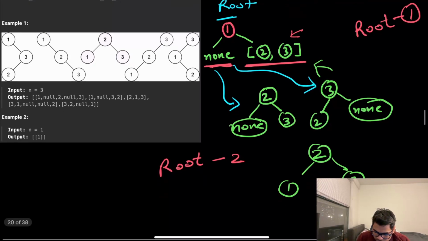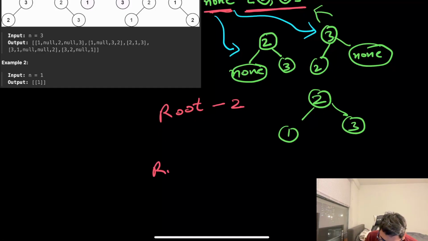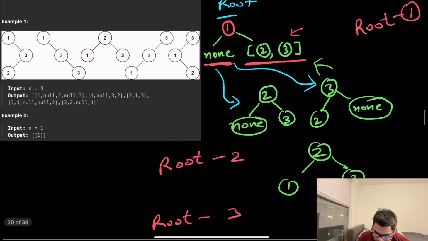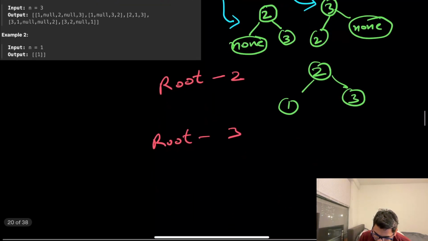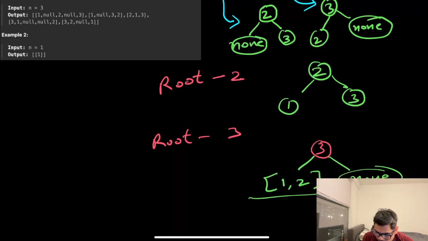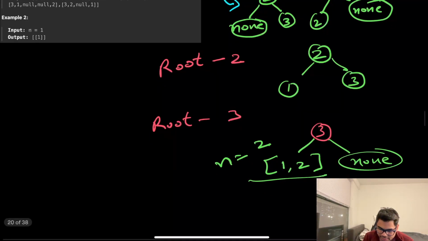But when we choose 3 as root, we can actually create 2 more trees. Right will take none, because there is no value greater than 3, and then left would be 1 and 2, and we know when n is equal to 2, that returns 2 trees, we have already seen it.